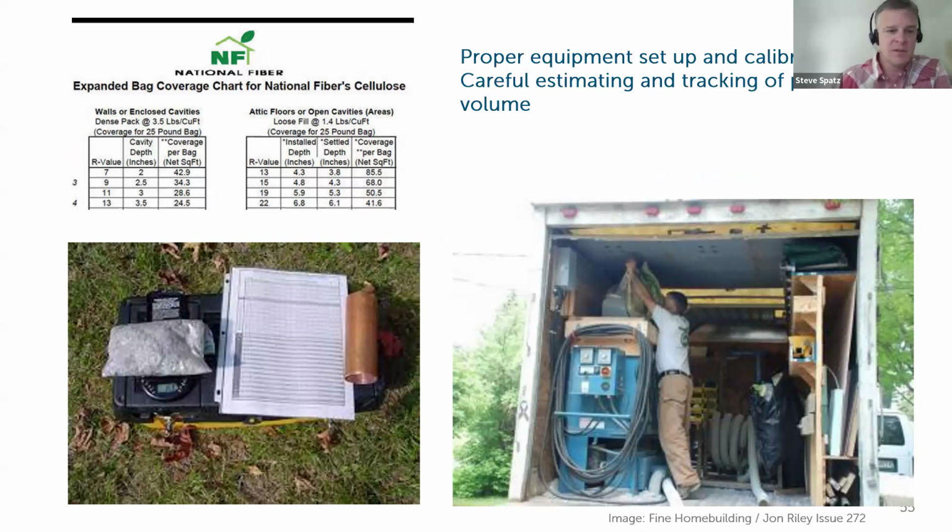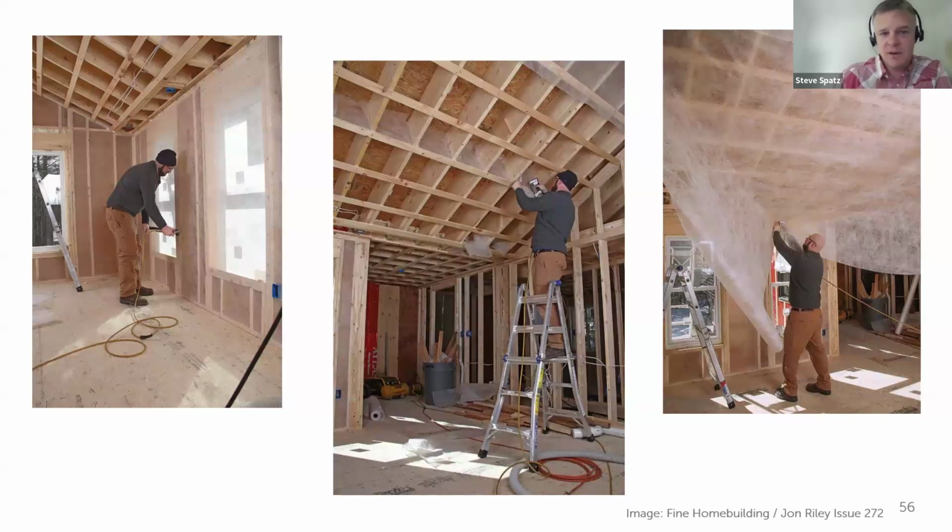The methods for doing this are properly calibrated equipment, using bag counts, weighing out material. So the details matter, as with any other aspect of construction, but getting to the right amount of density comes down to, again, knowing how to use the unique characteristics of the material and how it's installed to get to that density and durability over time.